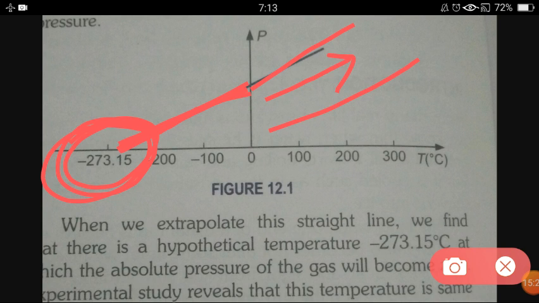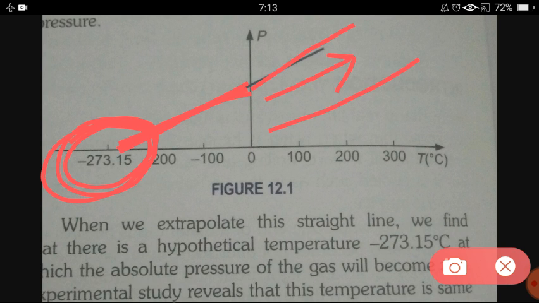So the 0 of the Kelvin scale is actually minus 273.15 degrees Celsius. The lowest point of the Kelvin scale is called absolute 0, which is actually minus 273.15 degrees Celsius, and the highest point of the Kelvin scale is 100 Kelvin.